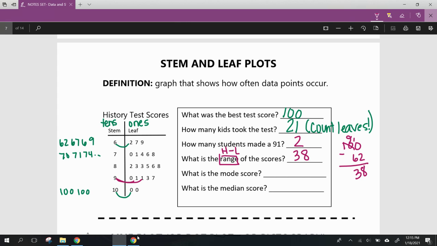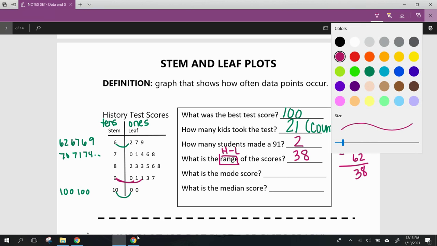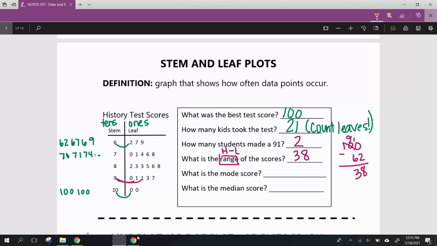All right, then we have what is the mode? I'm definitely going to grab a different color for this one. Remember, the mode is the most repeated number in the bunch. So let's take a peek. We don't have any numbers that repeat here. I see 3, 3.